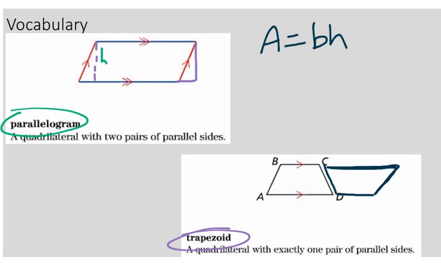And what we need is a base and a height, but we understand that the base of this parallelogram is made from the top, or the bottom and the top of the original trapezoid. So what we call it is base 1 and base 2. And then we add those together so that we can get the base of the parallelogram, and then we find the height of the parallelogram.